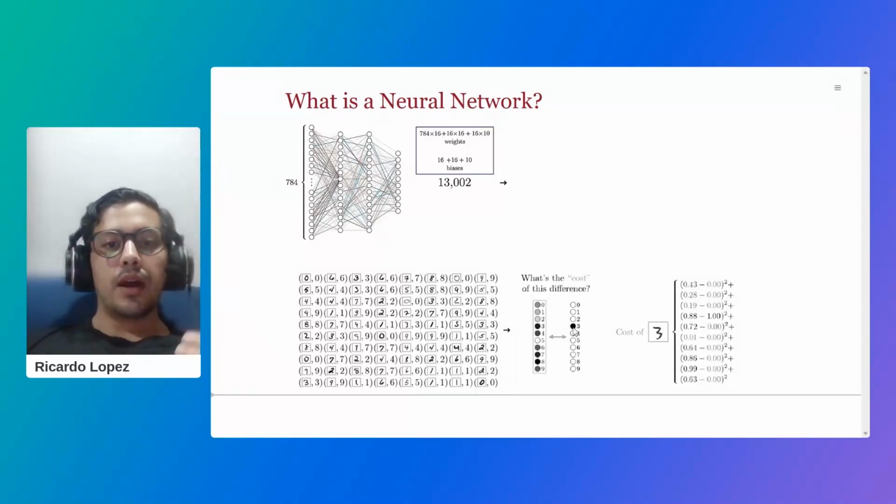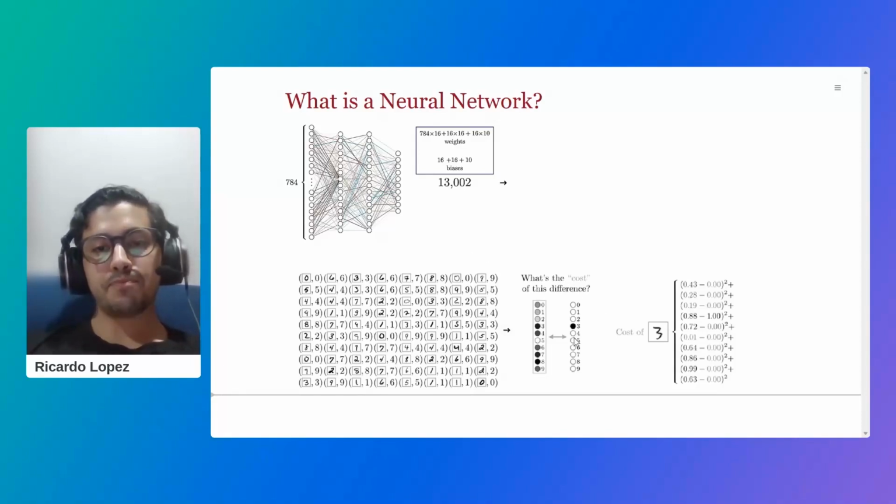And how do we get the desired output? We get it basically by training the model with data, like we have here. We will compare an output that initially would be just random values at the end of the neural network, and we will calculate the cost of each output in each iteration of this process.